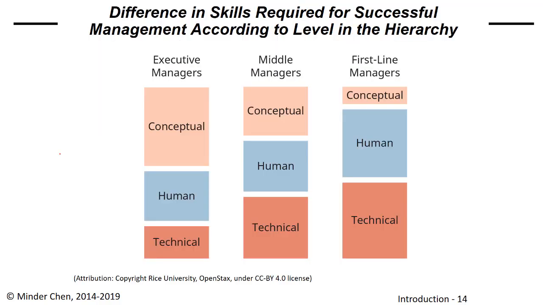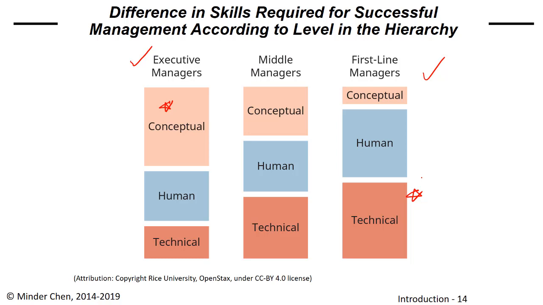To a certain extent, if you're a top level manager, the conceptual skill becomes the critical part of the three skill sets. If you're a lower level manager, the technical skill becomes very important. So all three skills, conceptual, human or people skill, and technical skill, are all important.